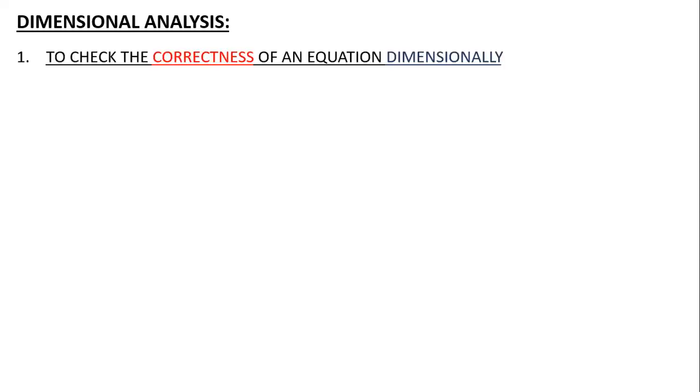The first application of dimensional analysis is to check the correctness of an equation dimensionally. We are not checking whether the equation is mathematically correct. There is a great difference between an equation being mathematically correct and dimensionally correct.